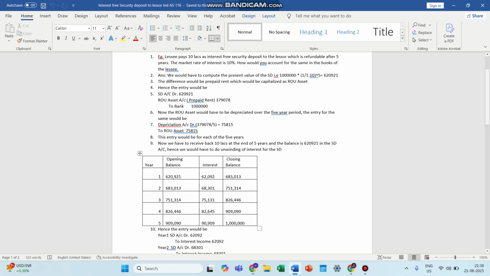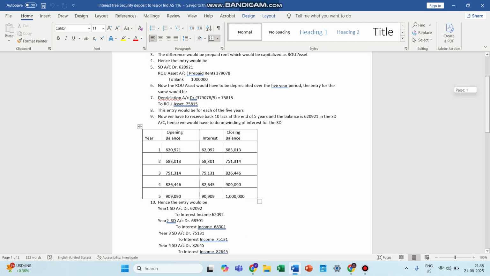So how would this interest income be accounted for? Year 1 would be SD account debit 62092 to interest income 62092. Year 2 would be SD account debit 68301 to interest income 68301. Year 3 would be SD account debit 75131 to interest income 75131.